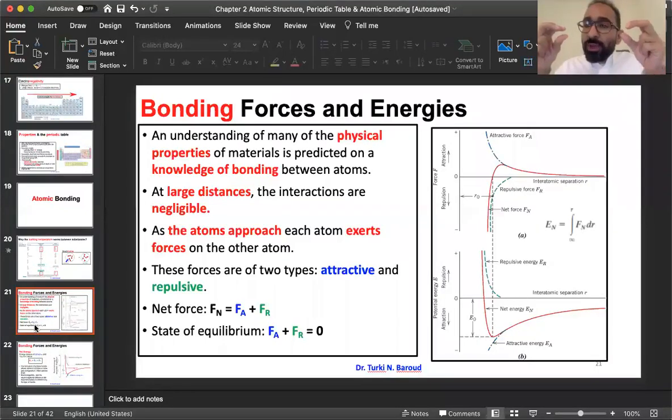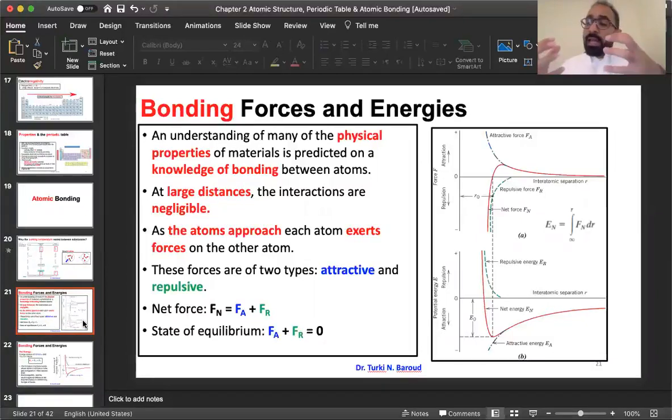However, if you start to bring them closer, there will be an attractive force. Why? Because coming closer minimizes their energy, so something is pulling them toward each other, and at the end they minimize their energy. So there is an attraction force between those two atoms.